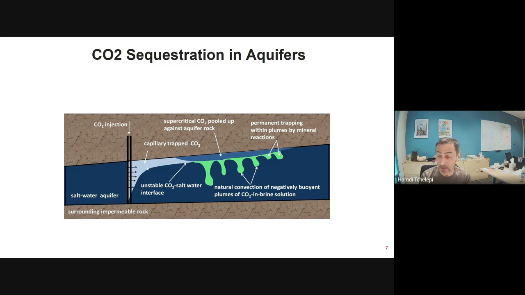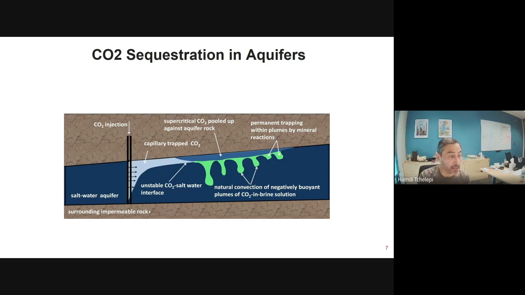This is what we refer to as the post-injection period. So you've put a blob of CO2 into the subsurface, and what happens is it's going to be mobile, because you are most likely putting it to displace resident saline water in this scenario.